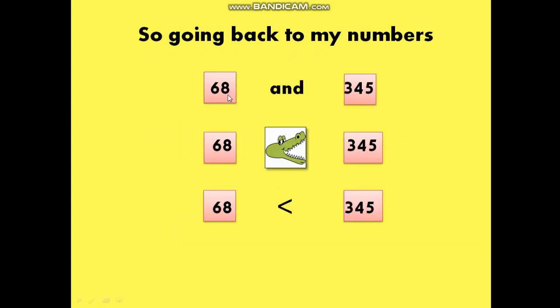So let's go back to our numbers, 68 and 345. Now the crocodile will open its mouth and eat which number? 345. So we are going to put this sign. Remember this concept with the crocodile's mouth.